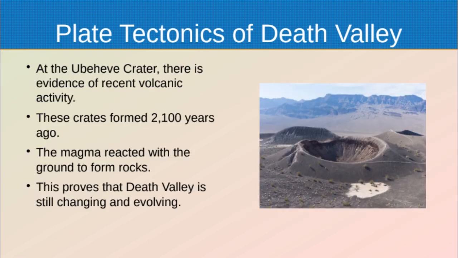At the Ubehebe crater, there is evidence of recent volcanic activity. These craters were formed about 2,100 years ago. The magma reacted with the groundwater to form rocks. This provides evidence that Death Valley is still changing and evolving.